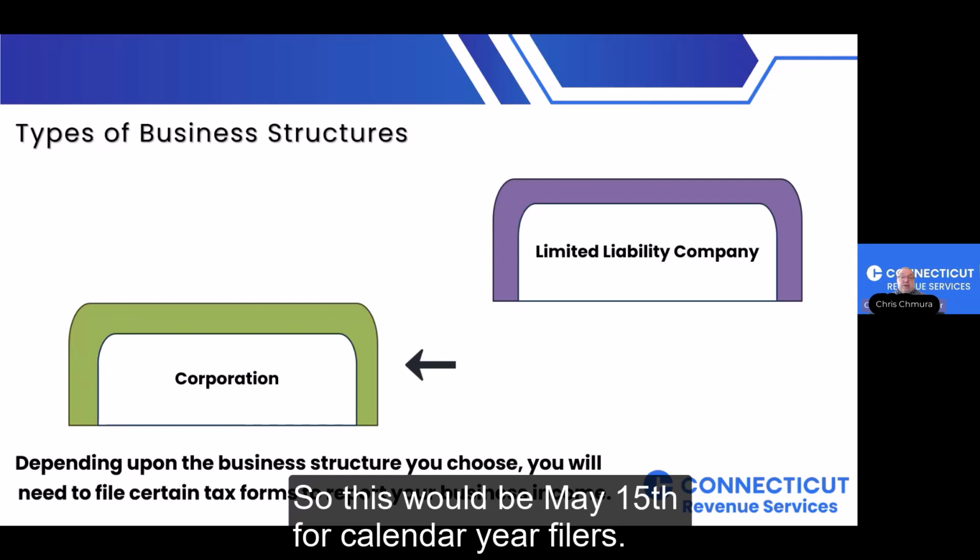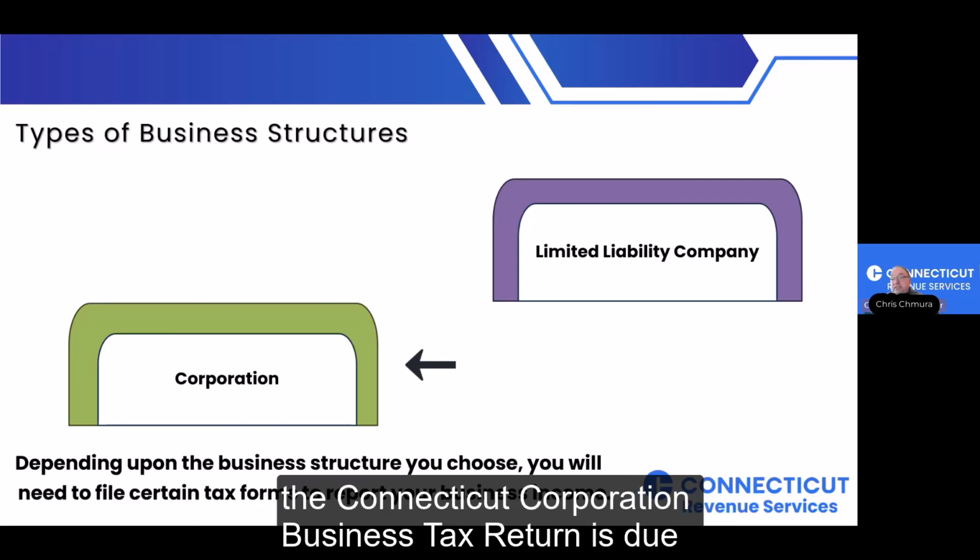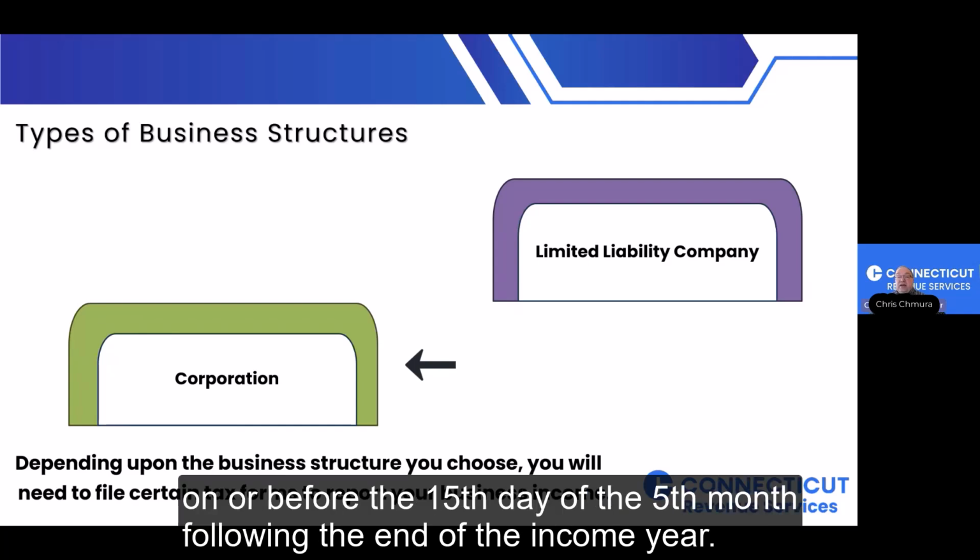So this would be May 15th for calendar year filers. If not required to file a federal income tax return for the income year, the Connecticut corporation business tax return is due on or before the 15th day of the 5th month following the end of the income year.